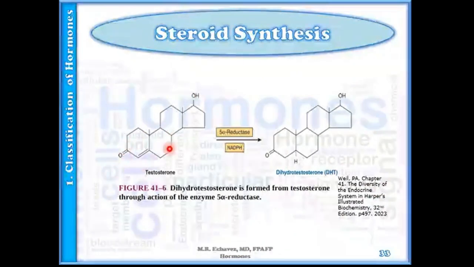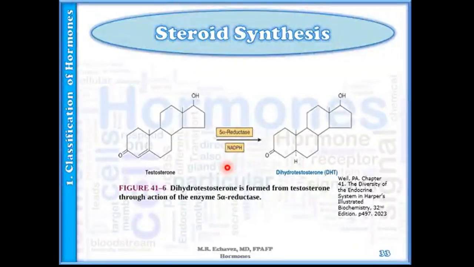What happens is that the testosterone in the periphery will be converted into the more potent version with the help of your 5-alpha reductase. This occurs in the periphery. As an application of this, your male patients that are 40 years old and above would usually start to exhibit symptoms of benign prostatic hypertrophy.